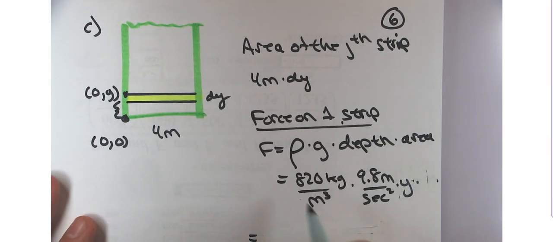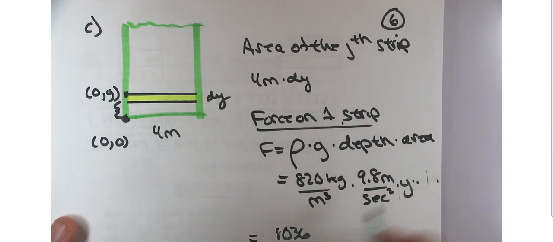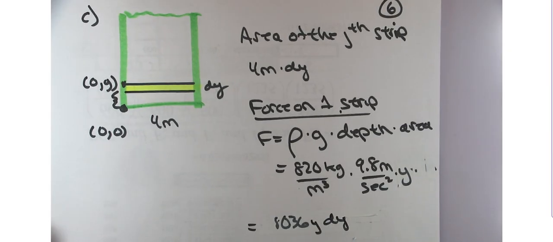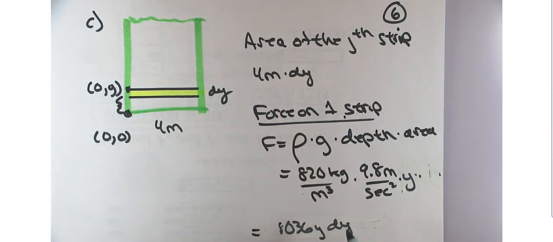So 820 times 9.8, so 8,036 times y dy. That's going to be the pressure felt, or the force felt on one strip right here.